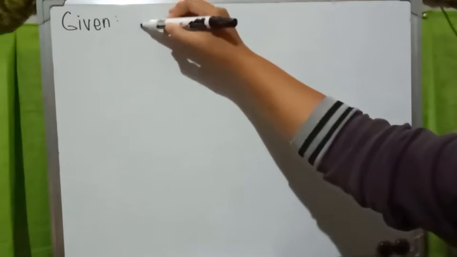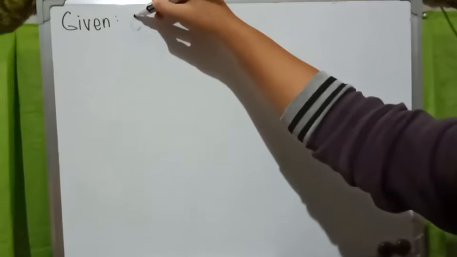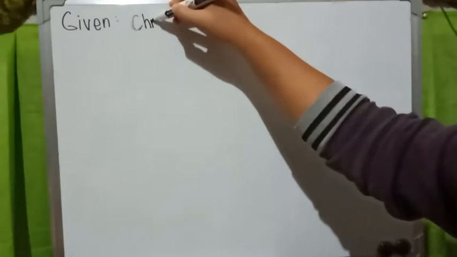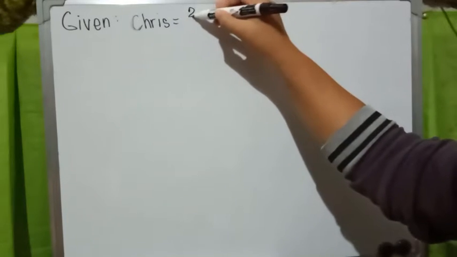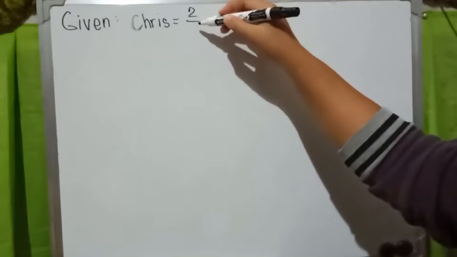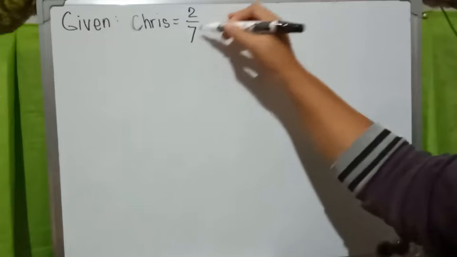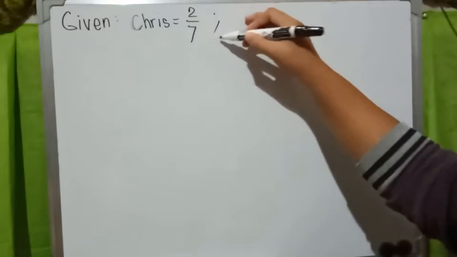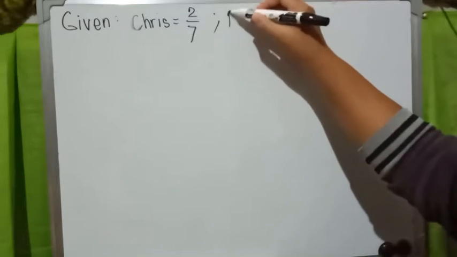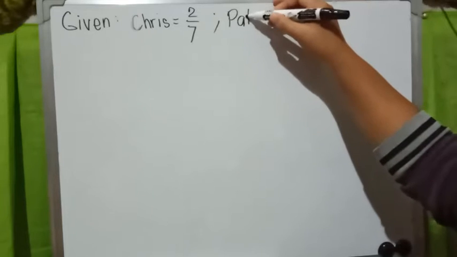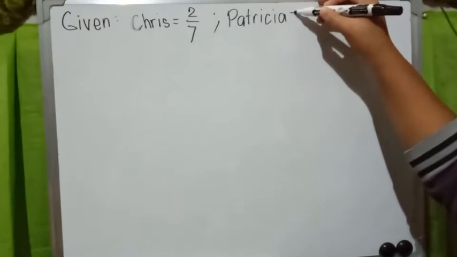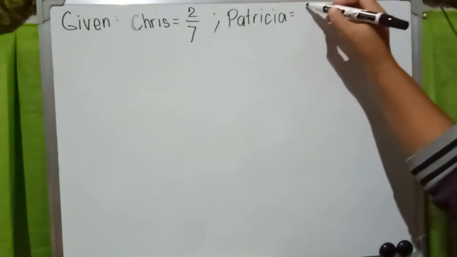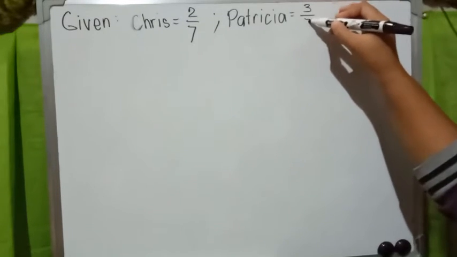The given number for Chris is 2/7, and Patricia has 3/7.